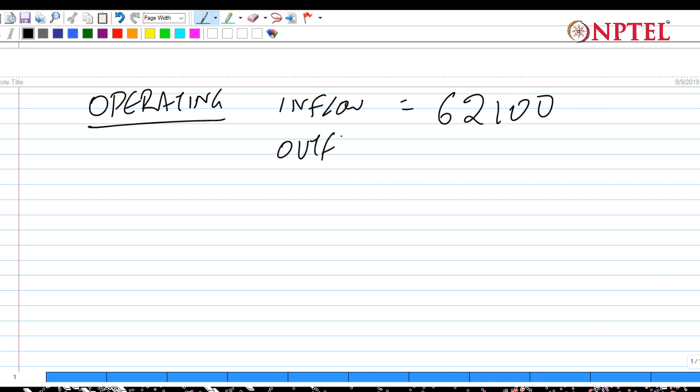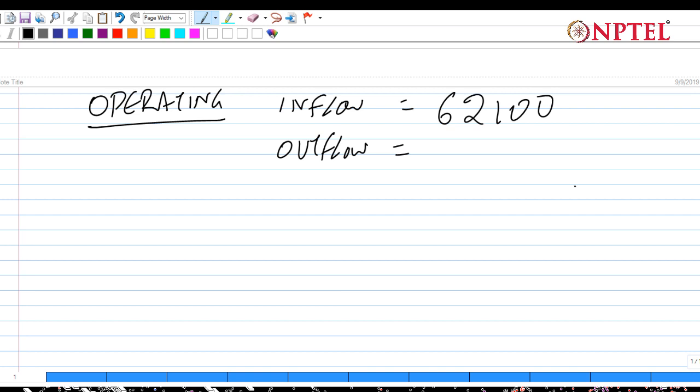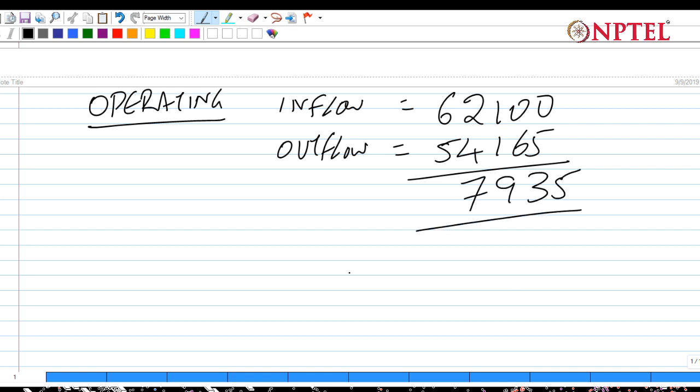Outflow we had about 54,165. What is the difference between this inflow and outflow? 7935 is the cash flow from operations. Am I right? I think it's fine.